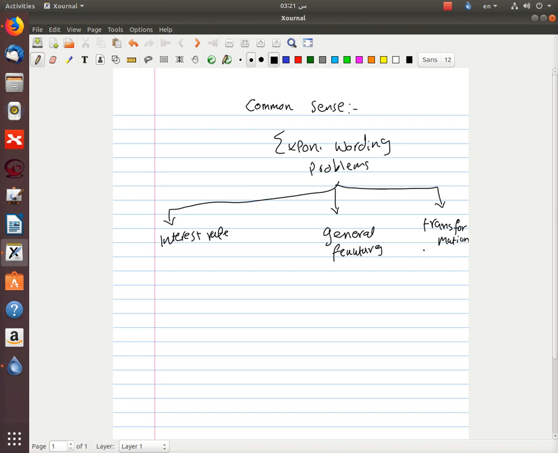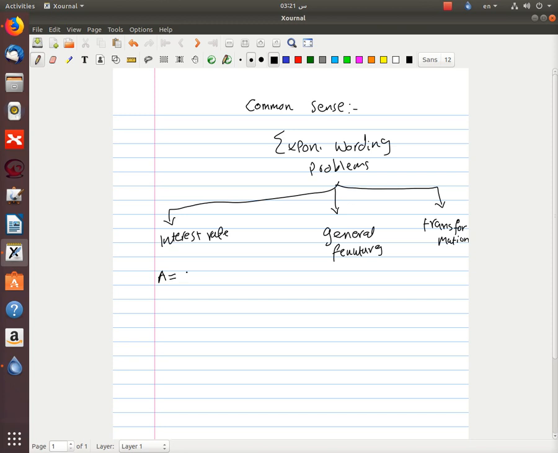Each of those has a specific function, a specific law or equation. If you memorize it, then on any exam you can identify the wording problem. Is it interest rate? Then you do this equation. We are going to explain all of these.